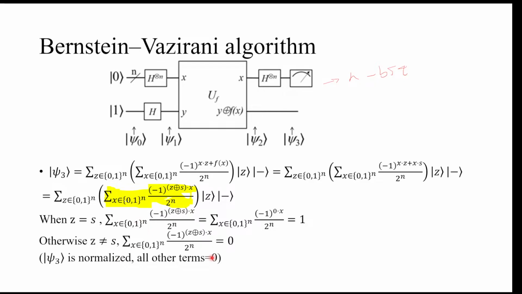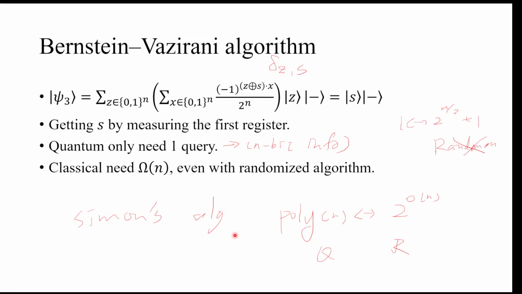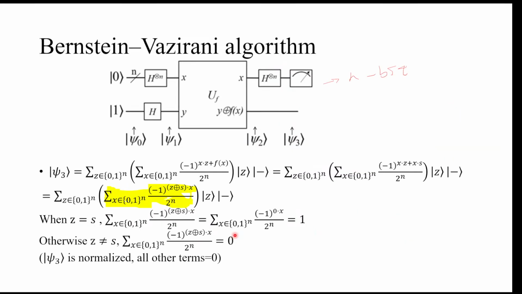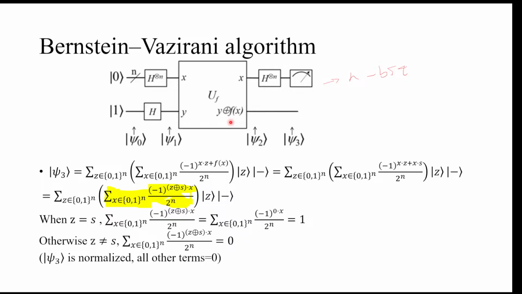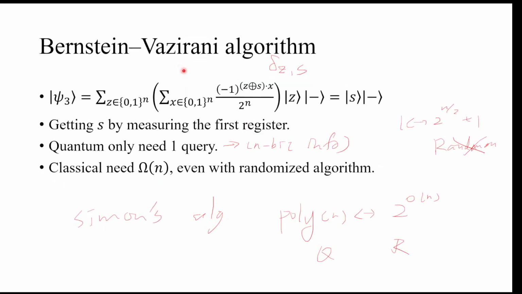So running the algorithm gives us an n-bit outcome with just one query to U of f, which is a bit surprising, but this is true. So one quantum query gives us n classical bits of information, because we can read the information out of the input register. It's something funny with the quantum query.